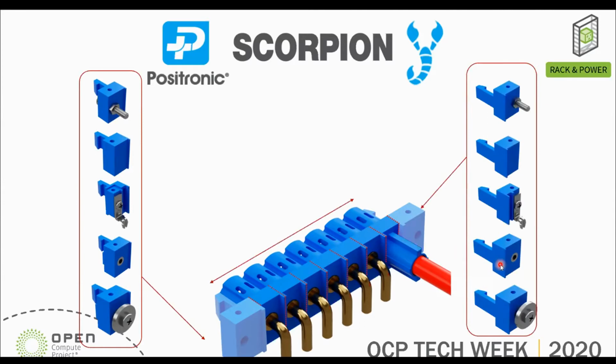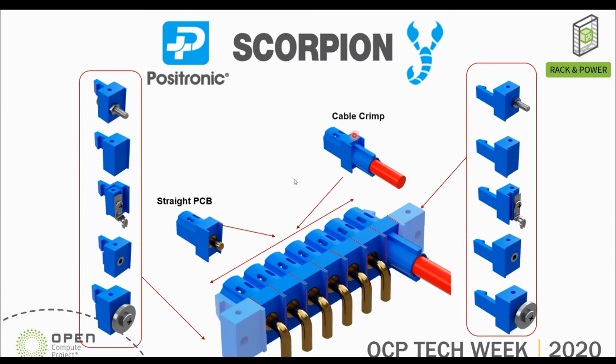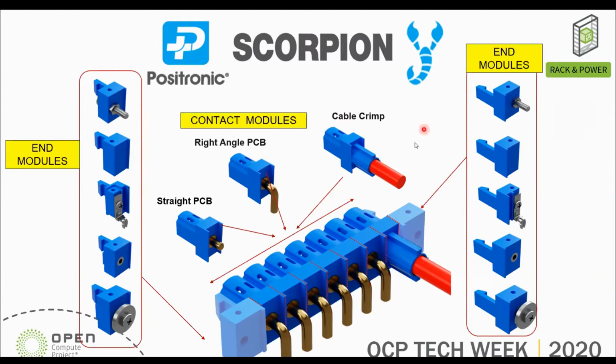The contacts have been designed as individual modules, which can be cable, or straight PCB, or right angle PCB, or any type we can design within these modules. We call these the end modules, the left and right end modules, with the contact modules in the middle.